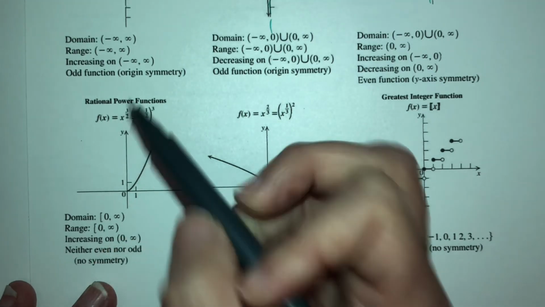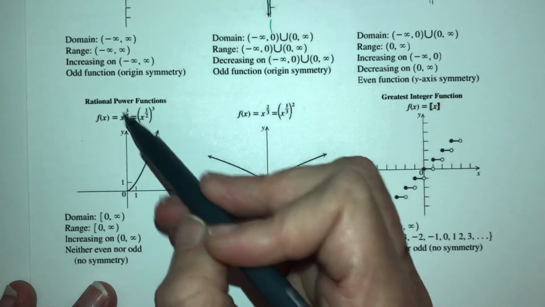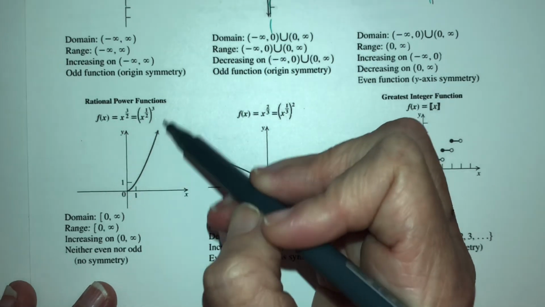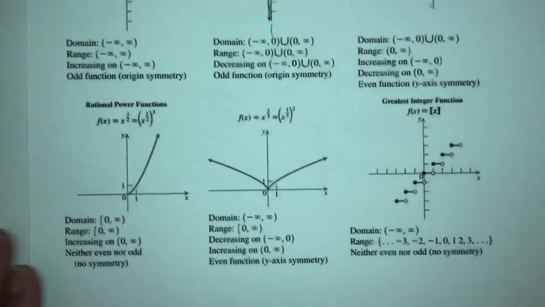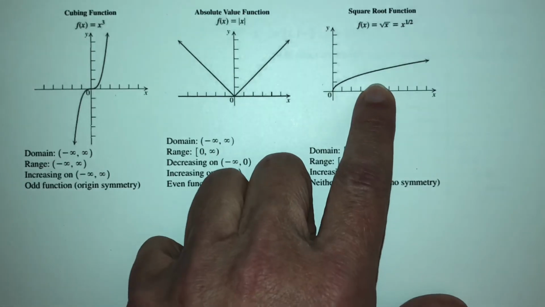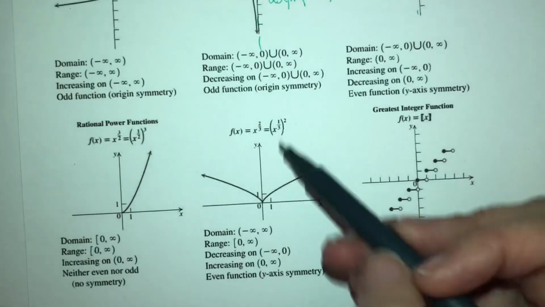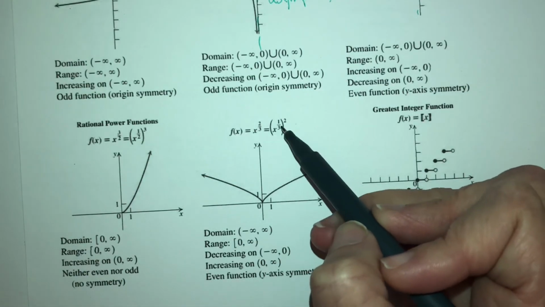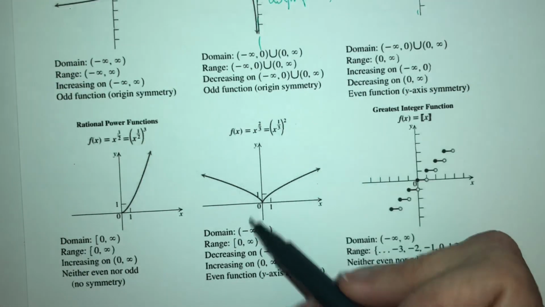If the denominator of your exponent is even, you're going to exist on this side. Notice it exists on that side for here. Okay. And then if your denominator is odd, it's going to look like this.